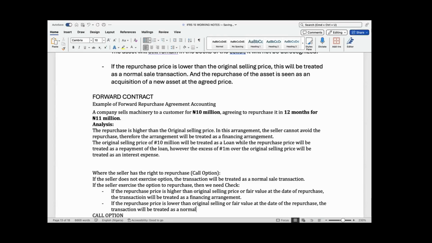As a normal sale transaction. Very similar to the forward contract one. It's extremely similar to it.